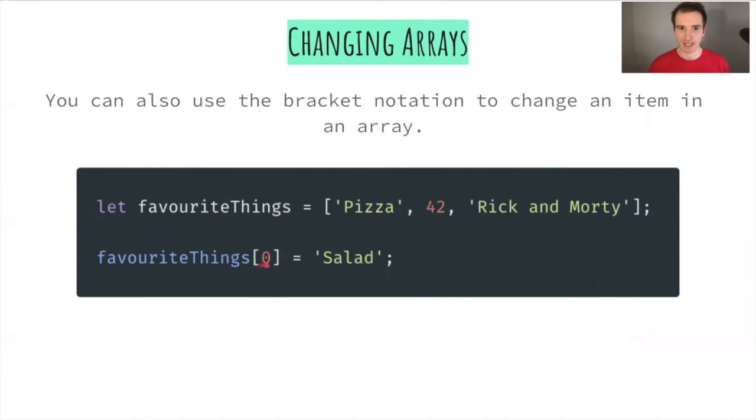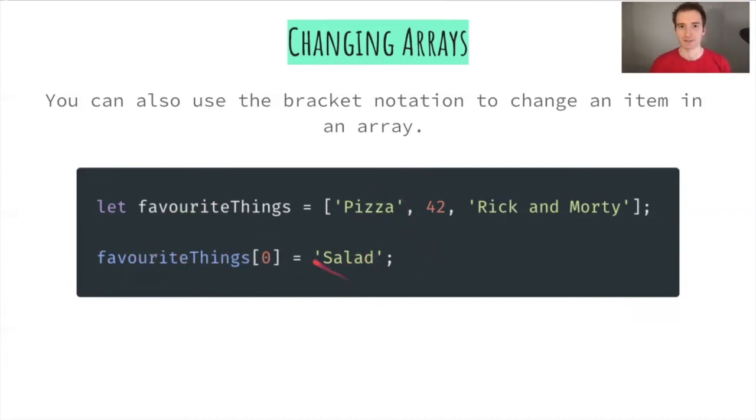Essentially what we're saying here is get me the sub box stored at index 0, which is the first item. And we're using the equal sign in the context of reassigning. So again, equal sign is always change the value of the thing on the left and put the thing on the right into that thing.